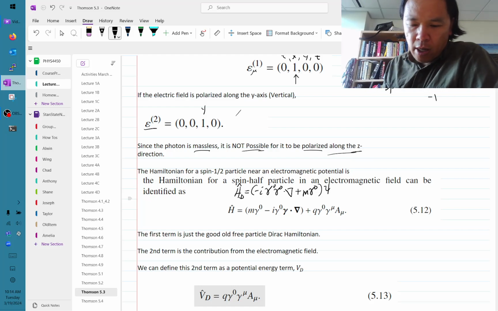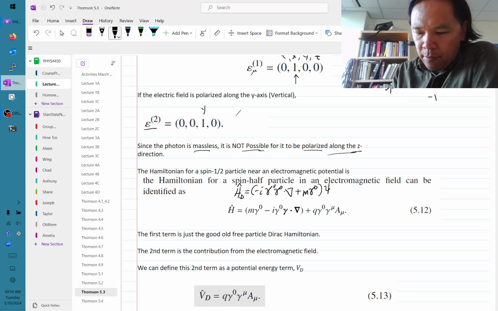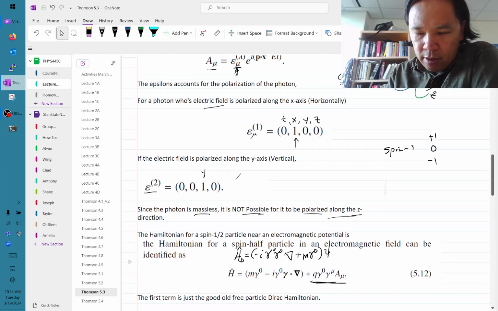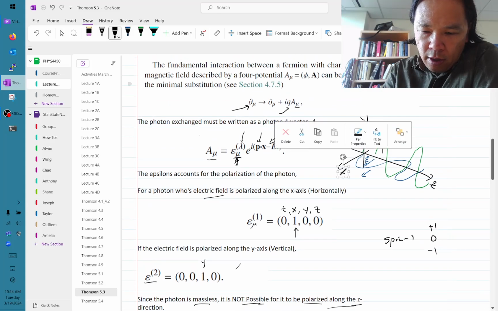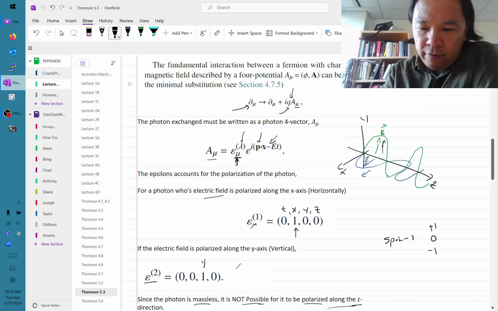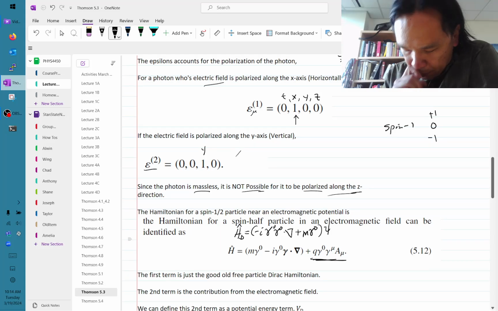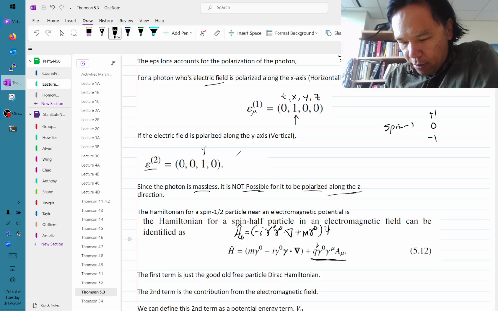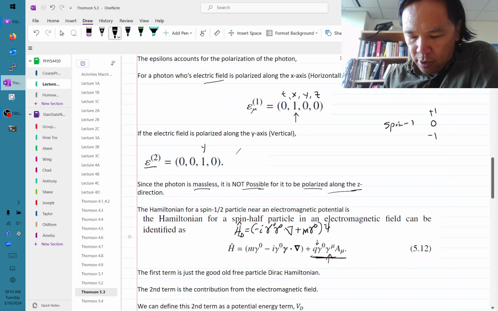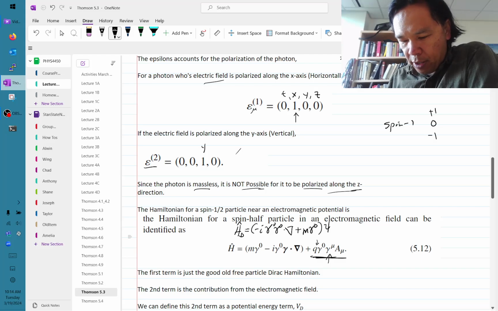Essentially what happens is that if we put this particle in an electromagnetic field, we're going to add this second piece here, where the second piece came all the way from up here, where you have this covariant derivative changing from just the regular derivative, but with an iQA_mu. And then you have the Q here. The i actually kind of canceled out because you also have another factor i. And this gamma mu here is just to deal with the fact that the fermions are spinors.